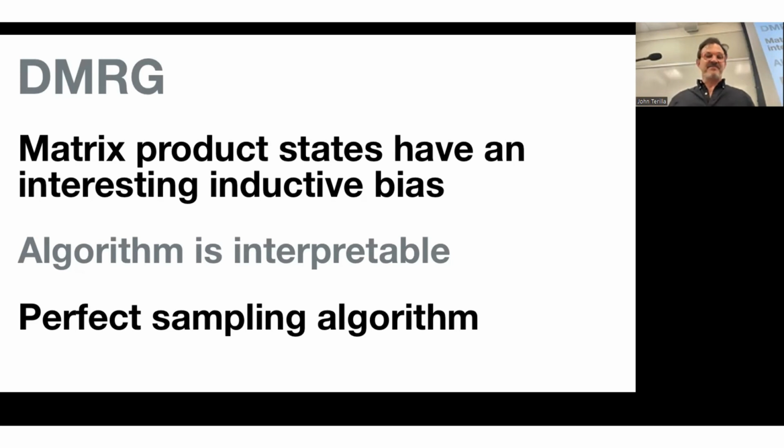There's a great thing called perfect sampling for unitary tensor networks by Guifre Vidal and some co-authors from about 8 or 10 years ago. And it's extremely fast and efficient.